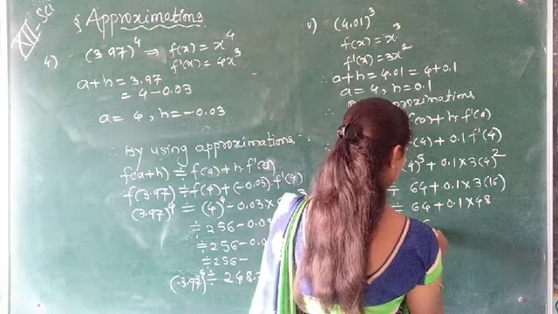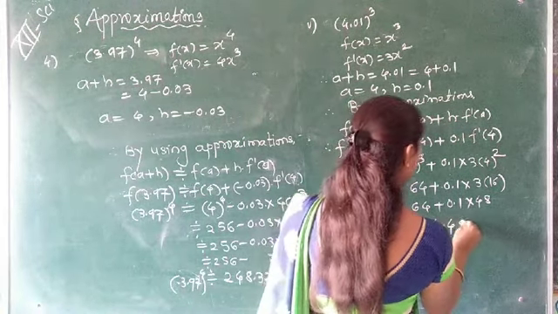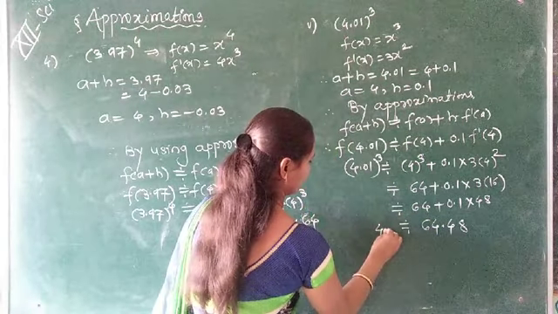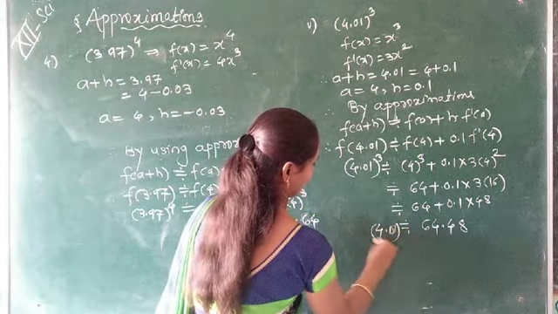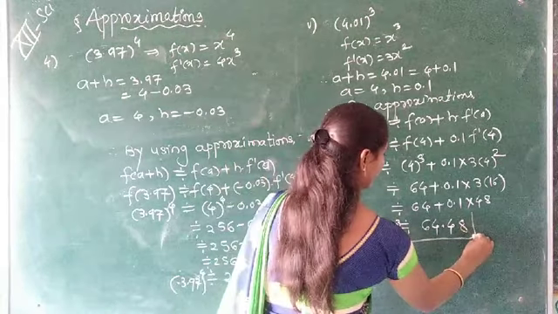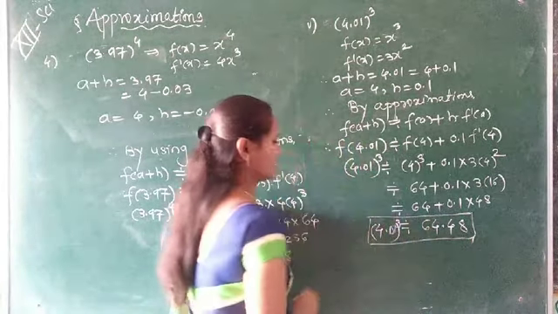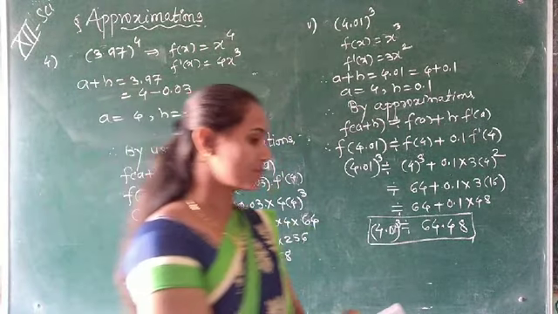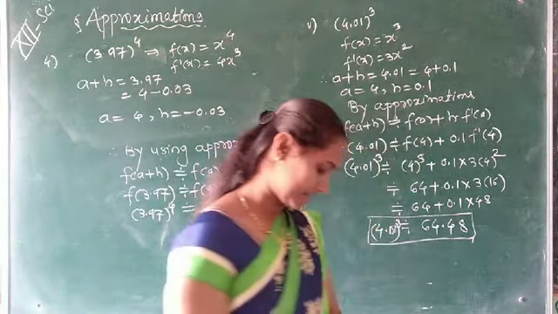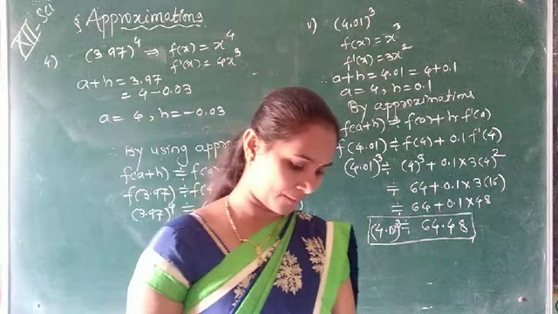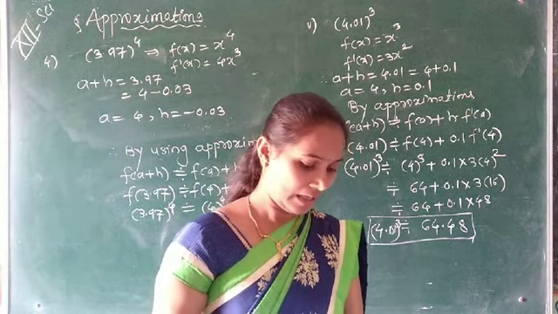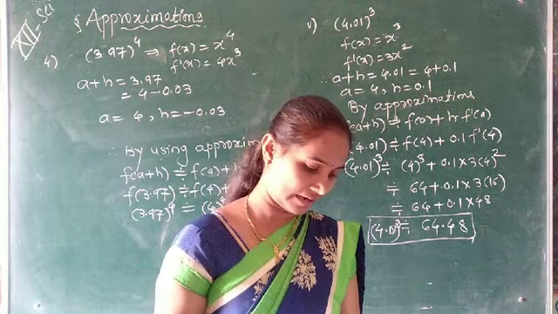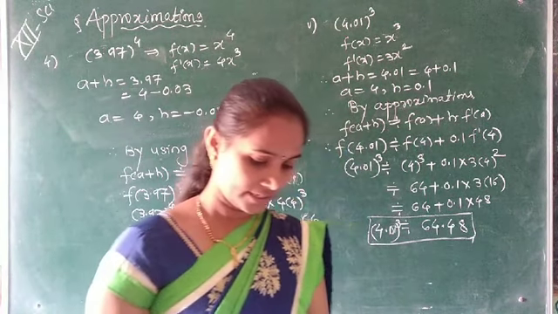Since it is 64.48. Hence, the approximate value of 4.01 cube is 64.48. There is also a second question, find the approximate value of a trigonometric function, that is sine 91 degrees.